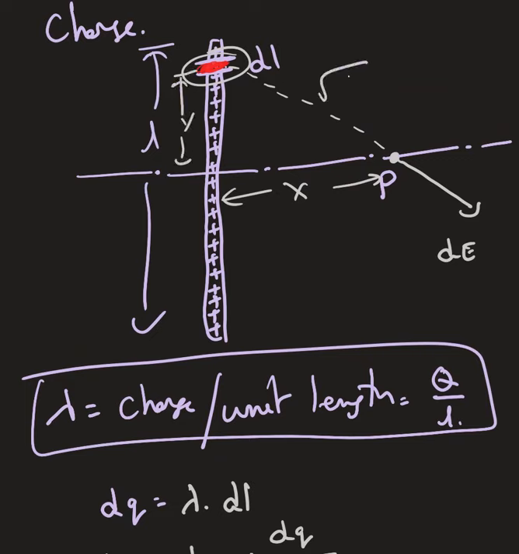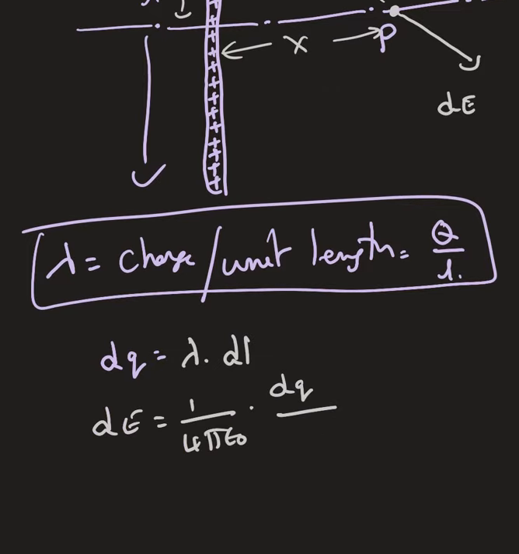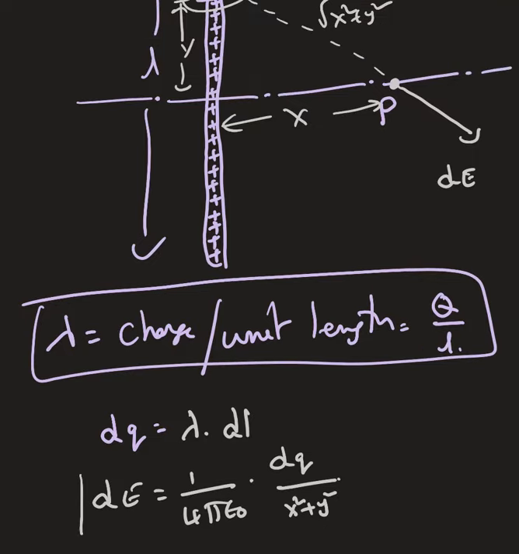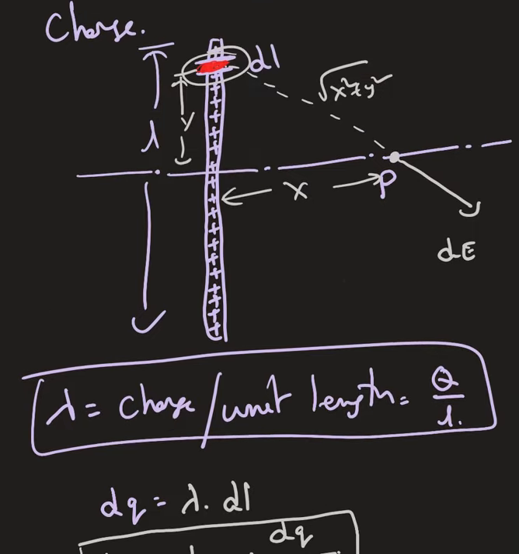So the length is square root of x square plus y square, and the whole square root gets cancelled out, so dE equal to 1 over 4 pi epsilon naught dq over x square plus y square. Now this is the electric field at point P because of that small length of charge.